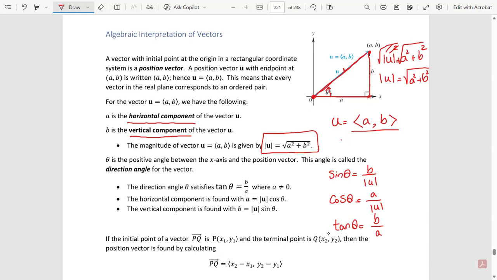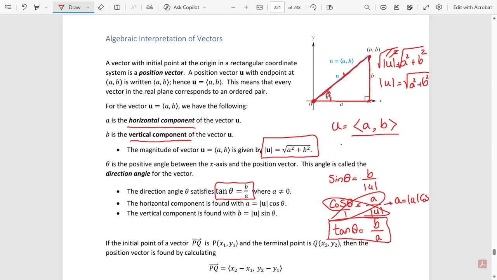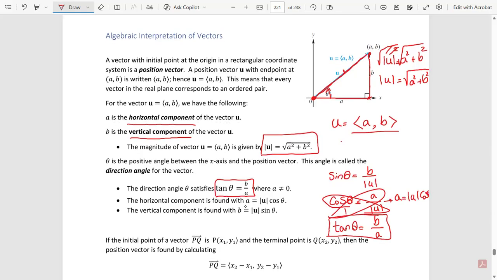And we can use this tangent formula every time we want to find the direction for any vector. And we can also use these two formulas, with just cross multiplying, to find the horizontal component or vertical component.